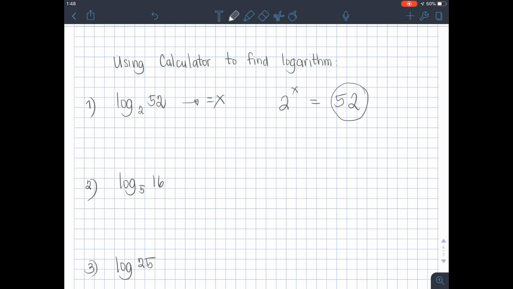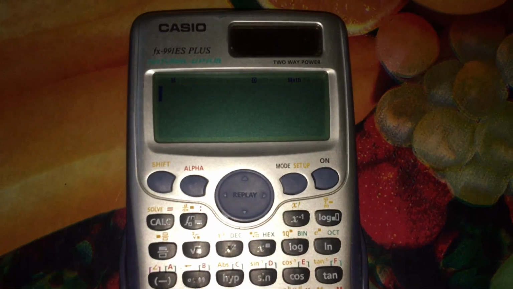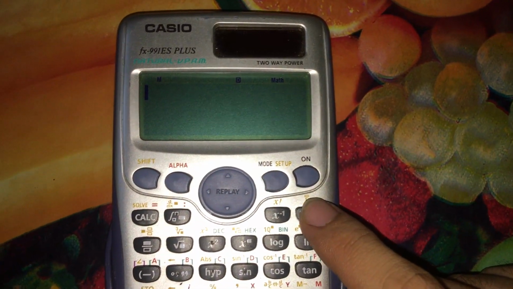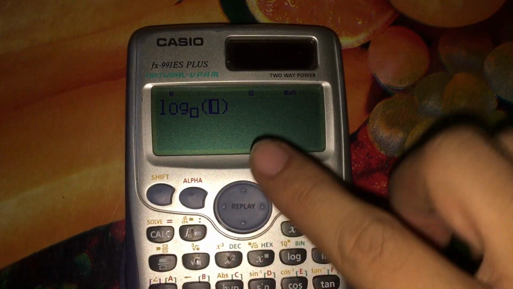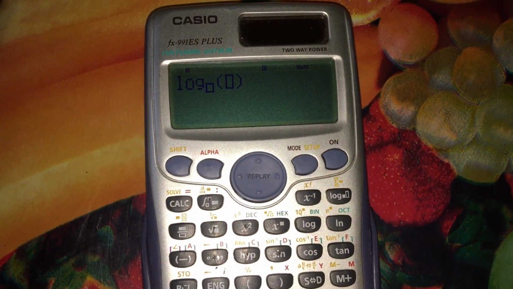So, kapag ganito, pwede naman tayong gumamit ng calculator. So, ngayon, ituturo ko sa inyo kung paano isolve to using calculator. Okay? So, using calculator, pindutin nyo lang yung button na to. And then, yung nasa baba, yung square na to, yan yung ilalagay yung base natin, which is yung 2 nga, diba?